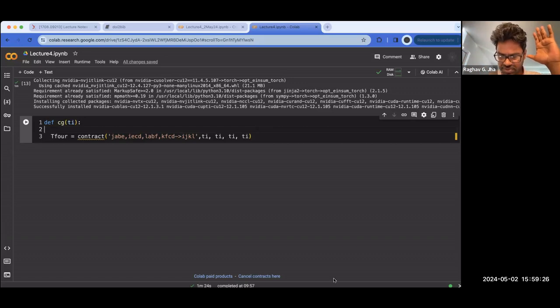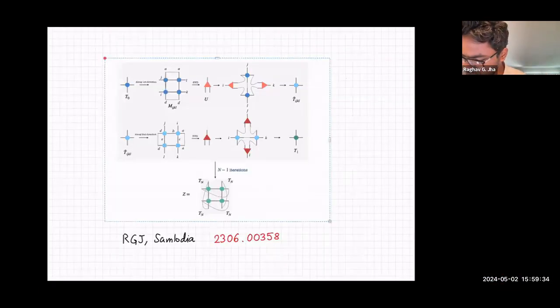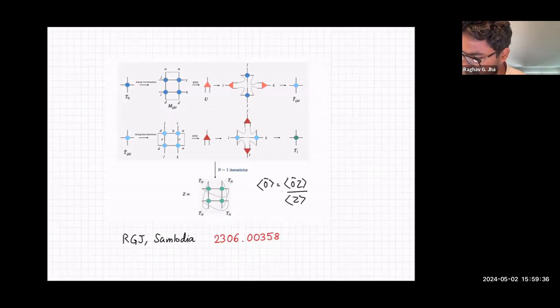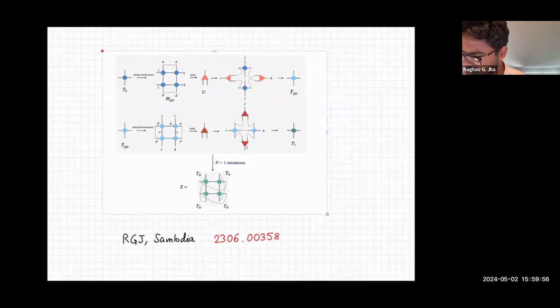So for example, this tensor is numbered as... now when we go to the other side... these are the two things.